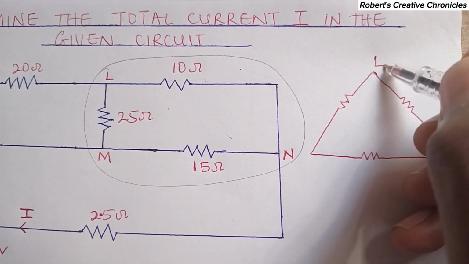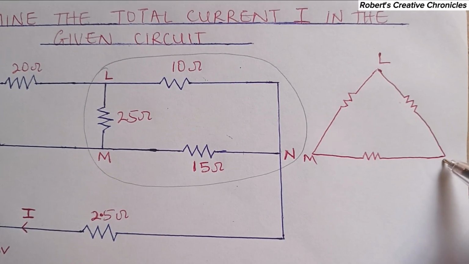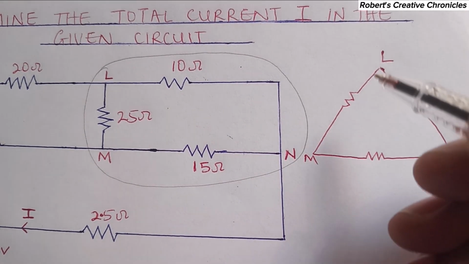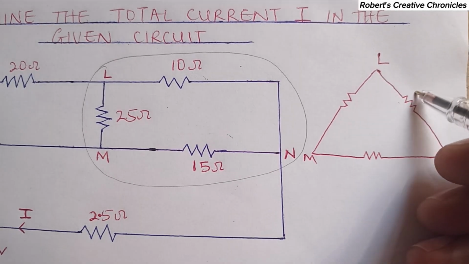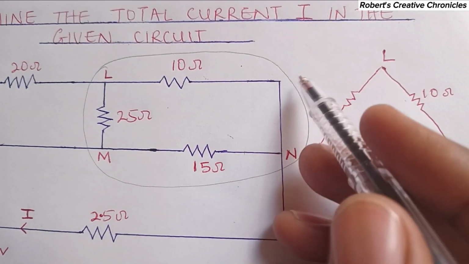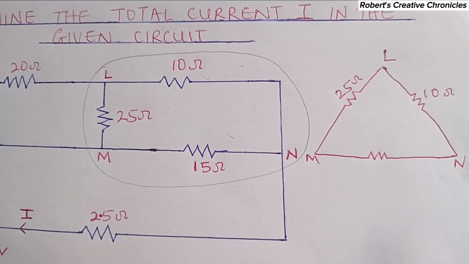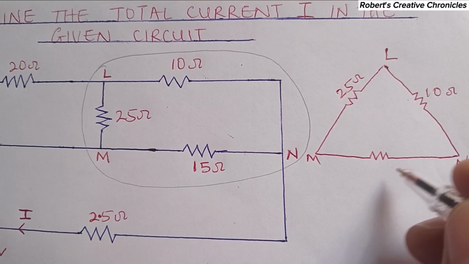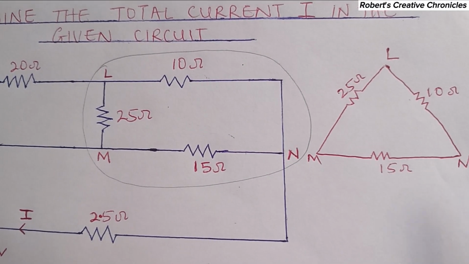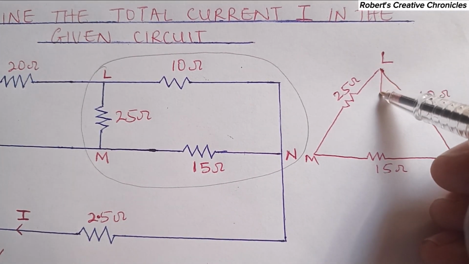Here is L, here is M, and here is N. So here will be what? 10 ohms. Then here will be 25 ohms. And here will be what? 15 ohms. I will need to convert it to a star network.